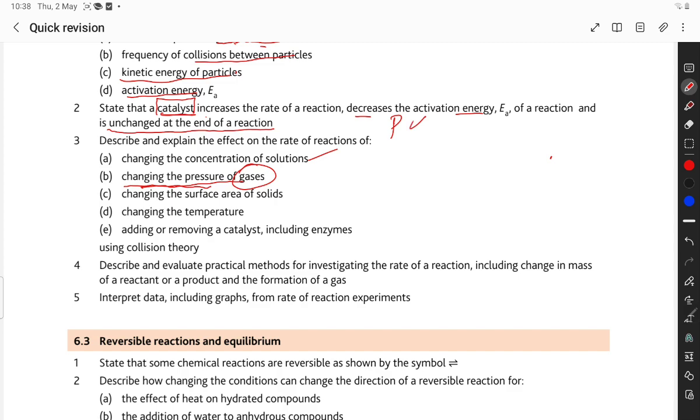Pressure is inversely proportional to volume. So by increasing pressure, volume is decreased, decreasing pressure, volume is increased.